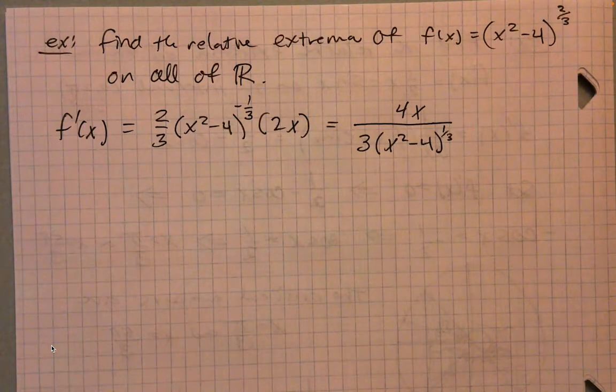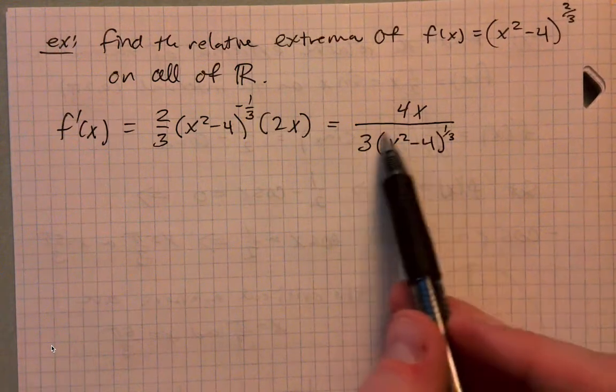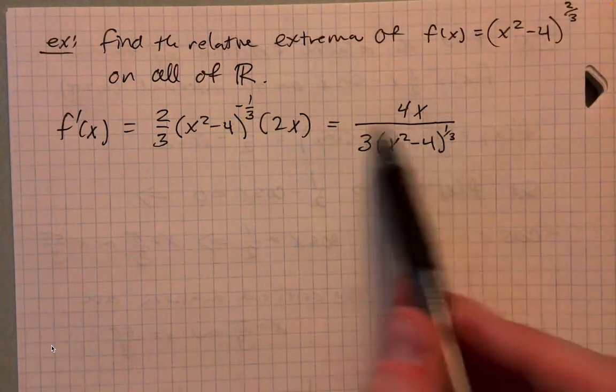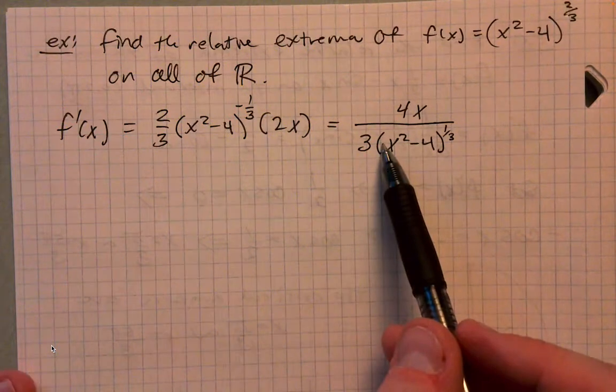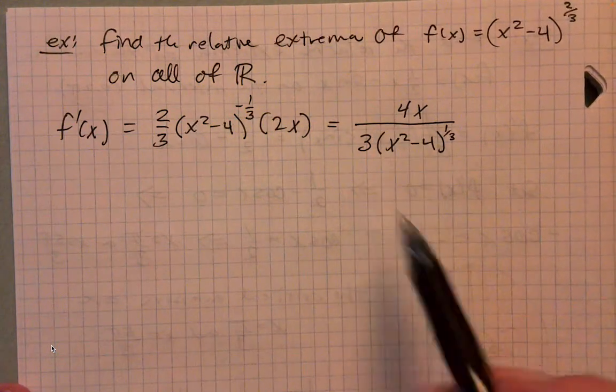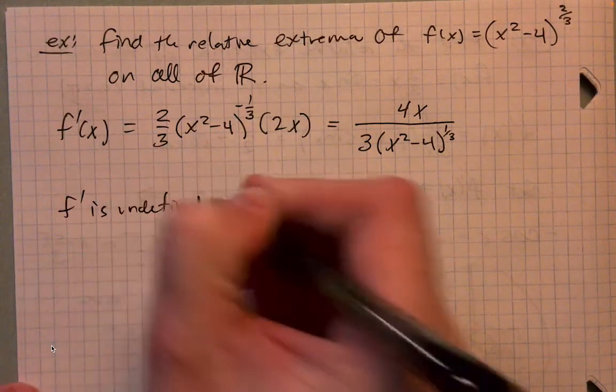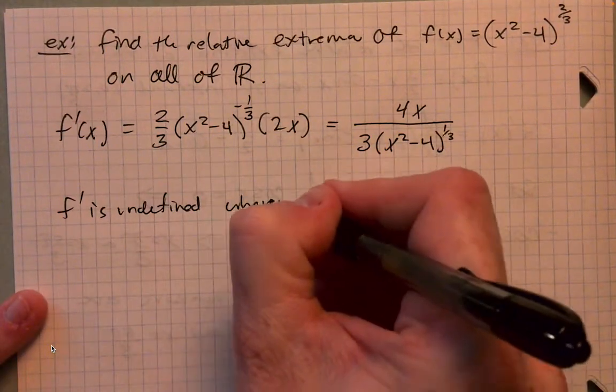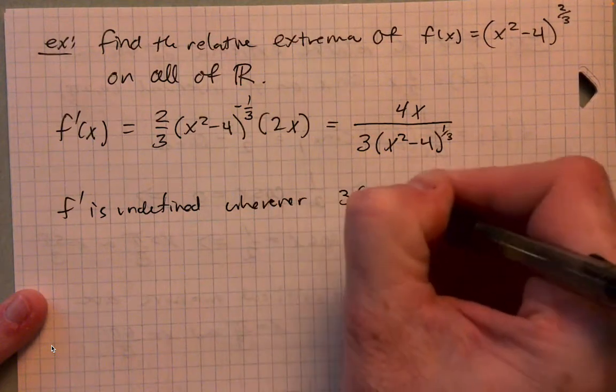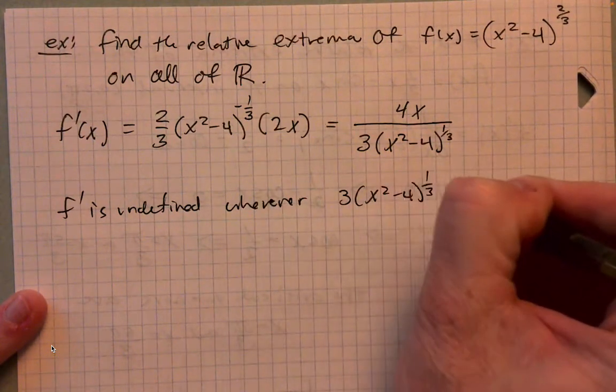Now, one thing to notice is that we do have a variable in the denominator now, so we're going to have some possible domain questions here for the derivative. Basically, anytime this denominator is equal to 0, the derivative is undefined. So f prime is undefined whenever 3 times x squared minus 4 to the 1/3 power equals 0.